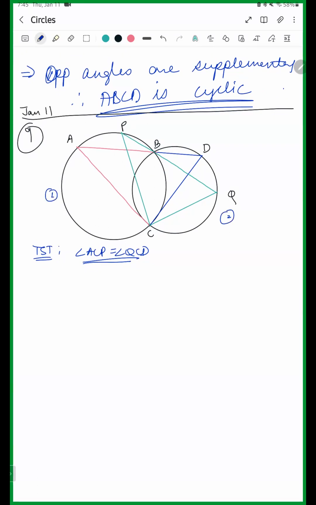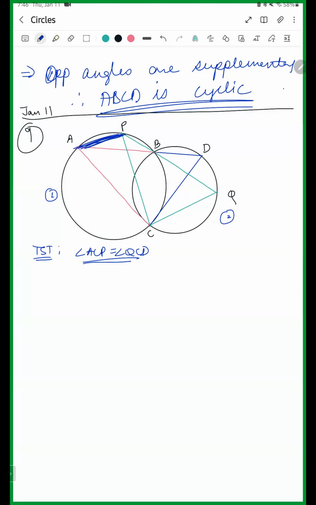So you can see in the bigger circle, if you look at this chord, okay, look at the chord AP.